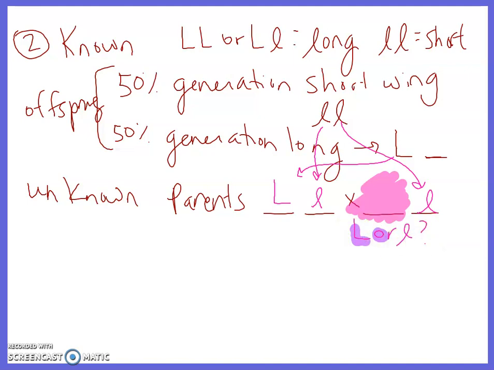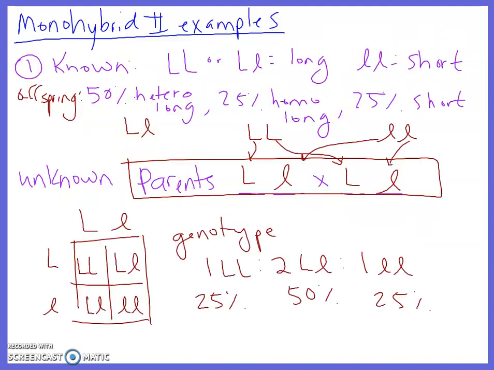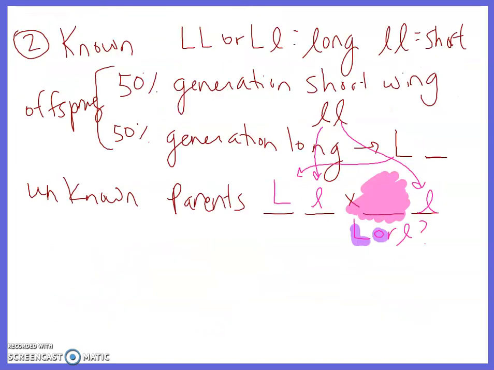So you can kind of guess and check based on what we did before, or you can do two Punnett squares to show this. I'm going to go back to our previous problem where we did a heterozygous cross, and just note that this gives us 25%, 50%, and 25%. So here I'm going to go ahead and assume that this is going to be the recessive allele, and I'll do the Punnett square just to prove that it is.